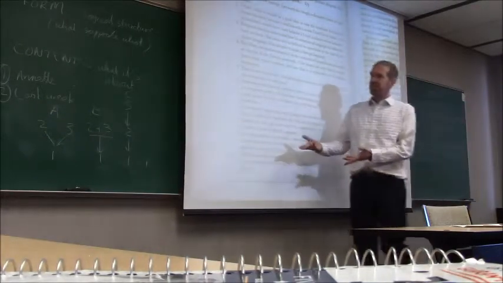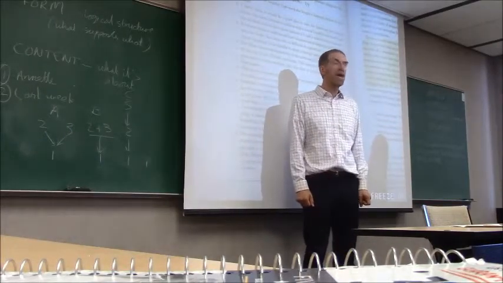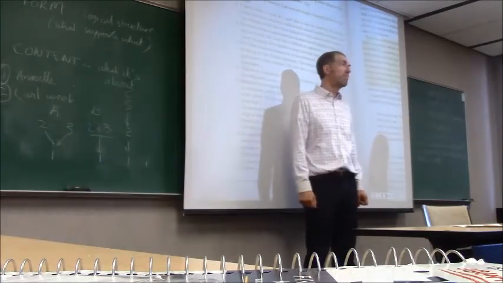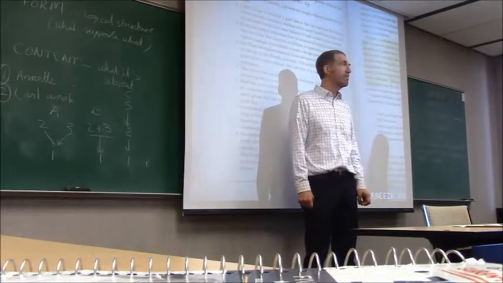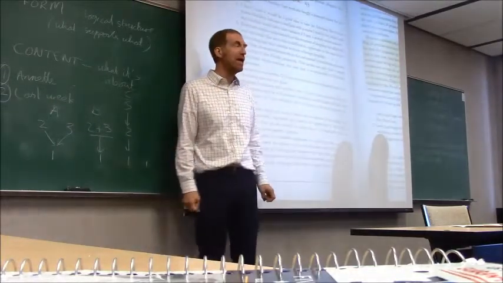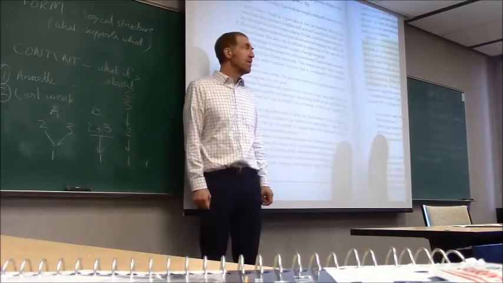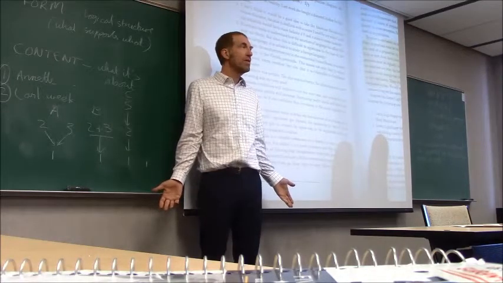Well, in which of these diagrams are there dependent premises? A, B, or C? Only B. Only B has dependent premises. How do you tell a dependent premise on a diagram? Because of the plus.